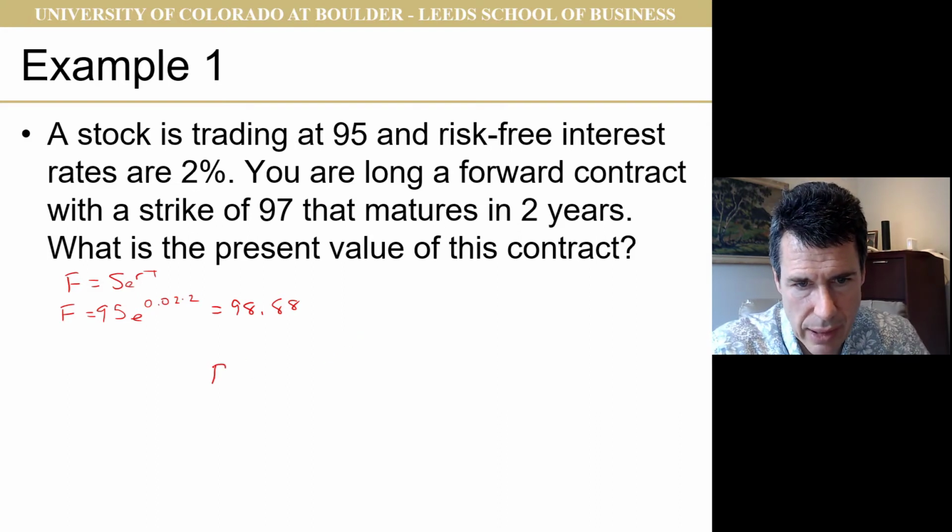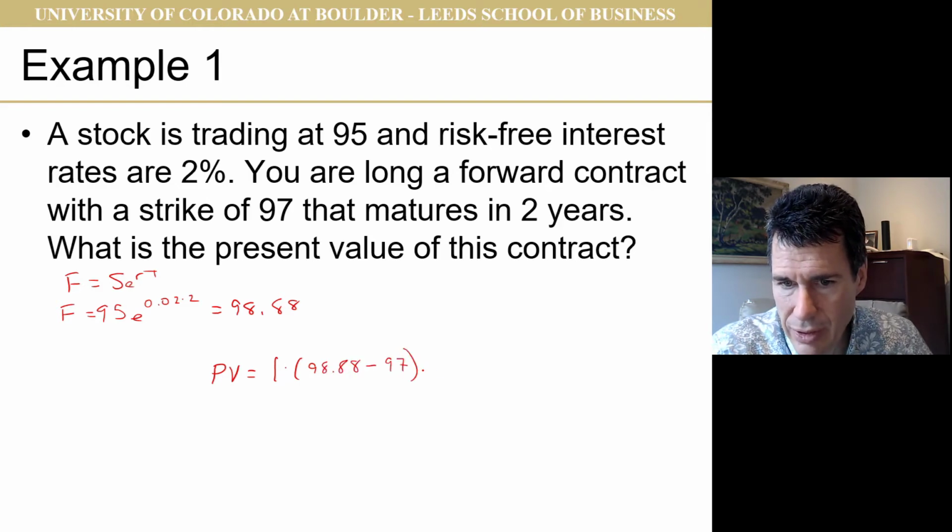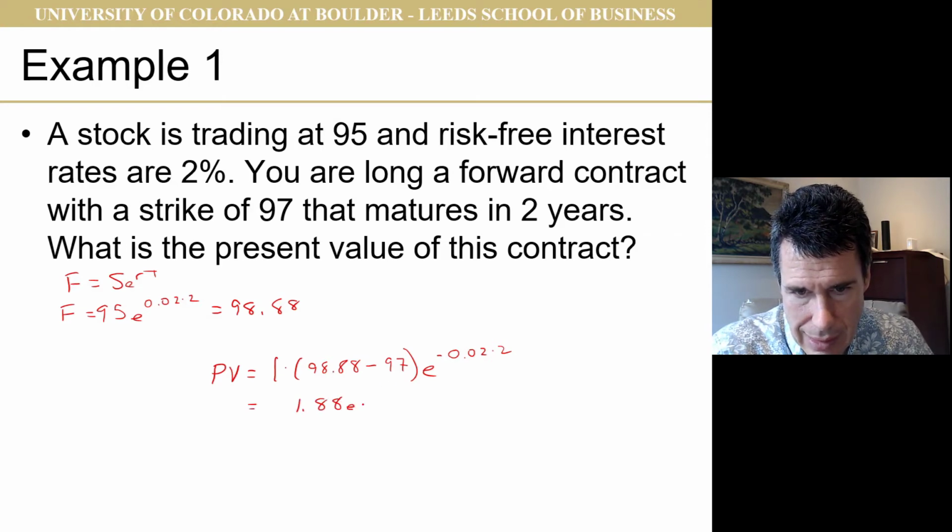So the present value is simply, it looks like we're buying one share, so we'll do 1 times the forward price, 98.88 minus 97. And we discount that, e to the minus 0.02 times 2. So that is 1.88 e to the minus 0.04.